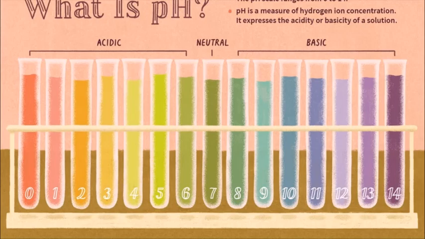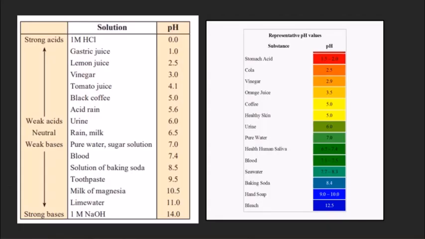Next is pH. Usually we have three types: acidic, basic and neutral. The pH of a solution is determined by the number of hydrogen ions concentrated in that solution, and it expresses whether it is acidic, basic or neutral. Now you may ask, what is pH? pH is nothing but the power of hydrogen.